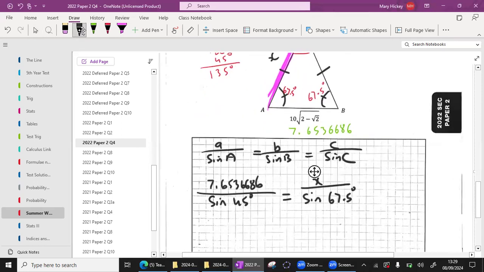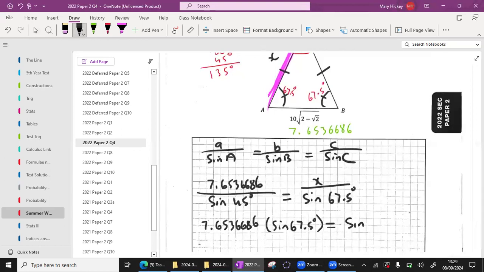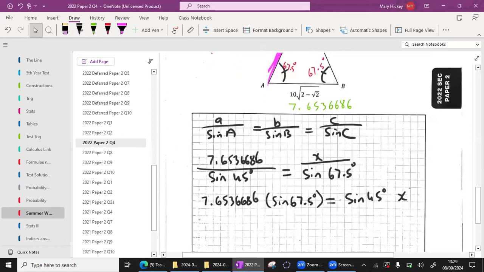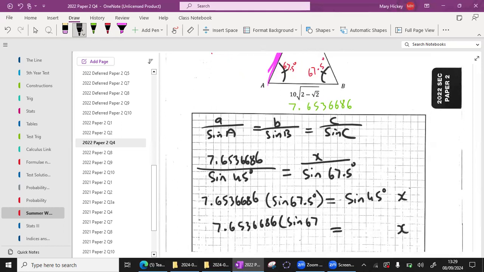There doesn't seem to be any issues there around using the sine rule. So now I can cross multiply: 7.6536686 multiplied by the sine of 67.5 degrees, and that's equal to the sine of 45 times x. Now, that's my cross multiplying done, but I need to get x on its own. So everything on the left-hand side is now going to be divided by the sine of 45.